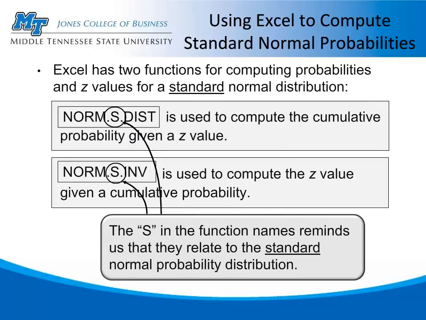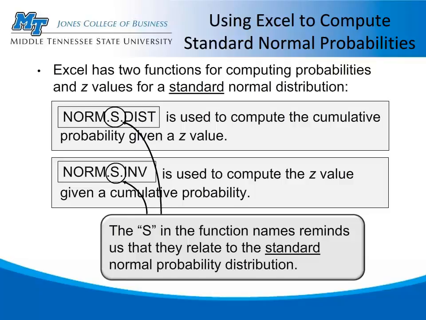Now, here's two formulas that are available in Excel for dealing with the standard normal probability distribution. There are other functions in Excel for dealing with normal distributions, but the ones with the .s in the middle are for the standard normal. Now, the norm.s.dist, you provide as an argument the value of z, and it's going to figure out what the probability is that's less than or equal to that z value.